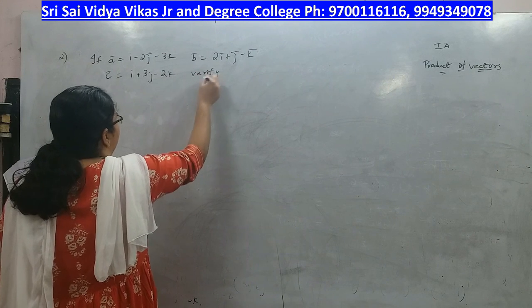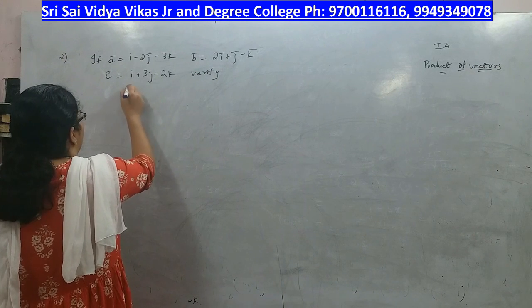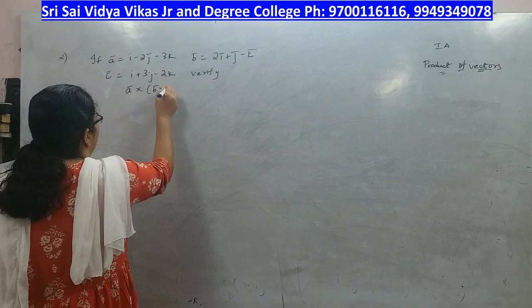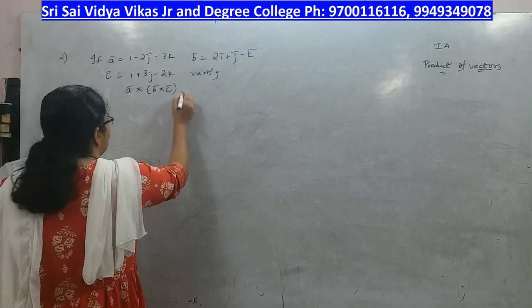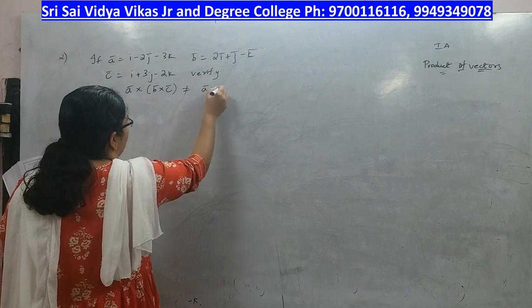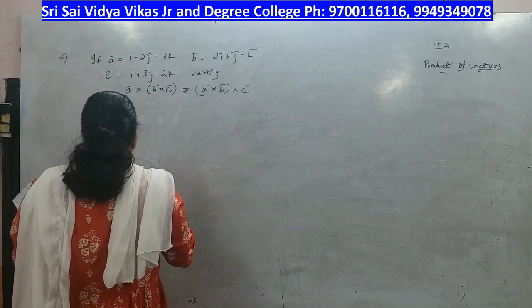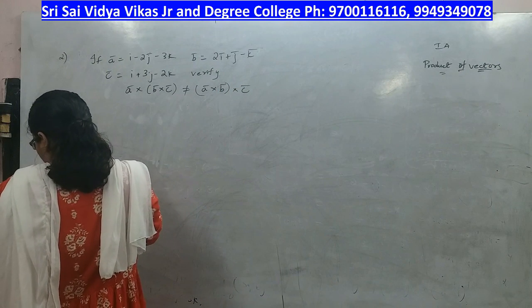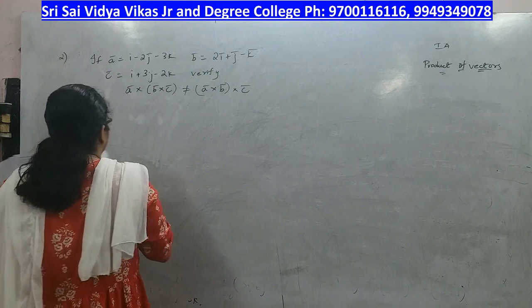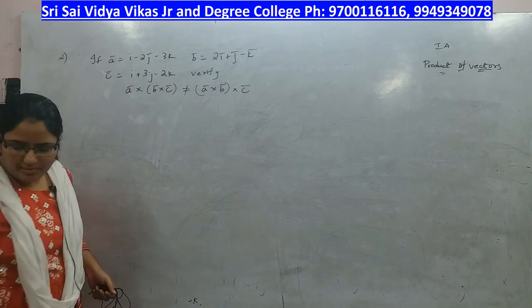Verify that a bar cross b bar cross c bar is not equal to a bar cross b bar cross c bar. This is what we have to verify.